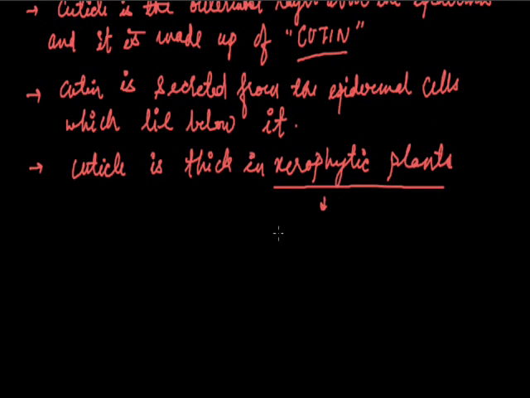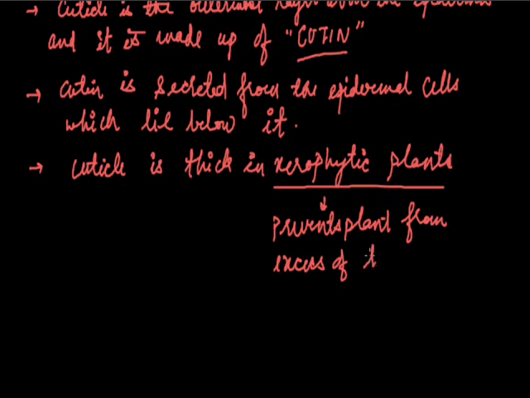It prevents the plant from excess of transpiration. As xerophytic plants are desert plants, they need to conserve more and more water. So for the conservation of water, these plants have a thick cuticle over their epidermis.